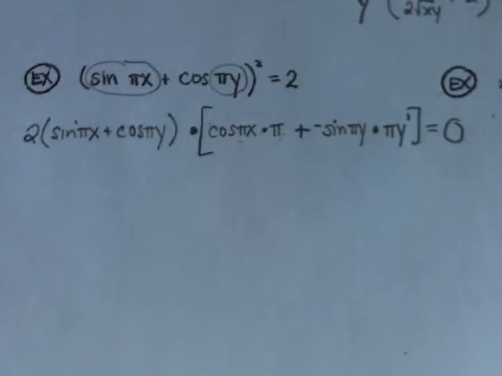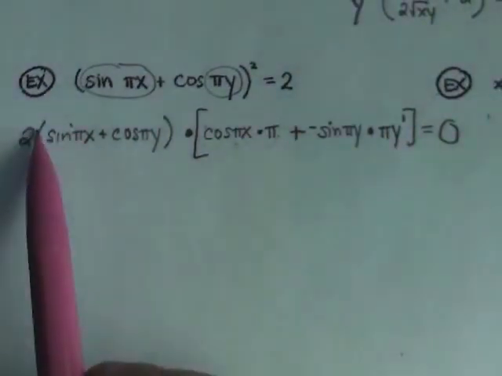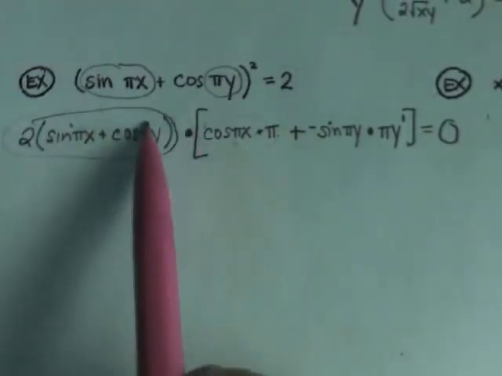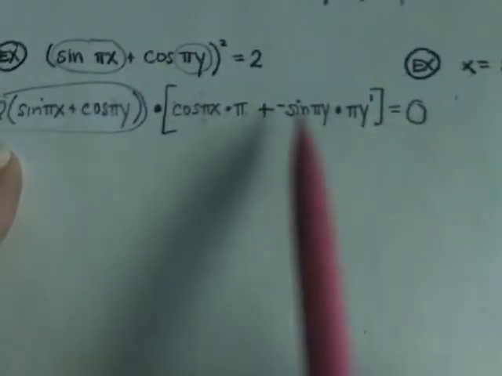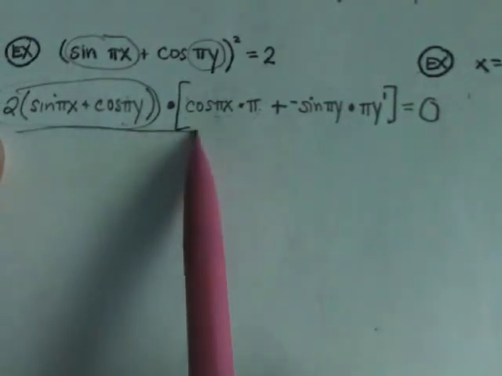Cancels out. That's a huge time saver. So then it's pi cosine of pi x minus pi sine of pi y times y prime. And now getting y prime all by itself is not much of a big deal. Subtract this over and then divide that coefficient.